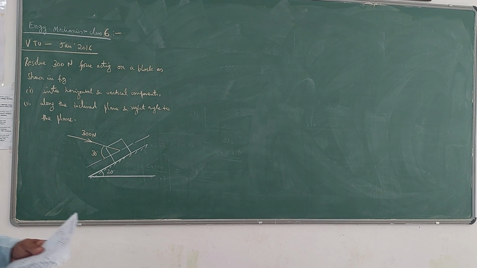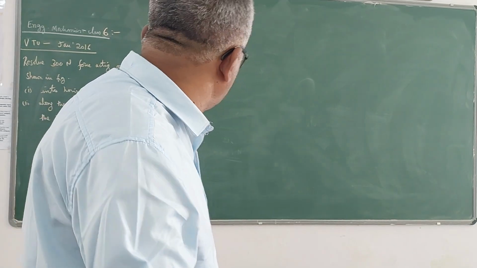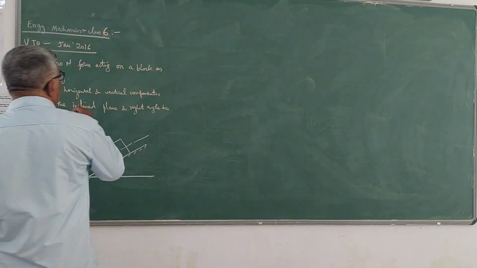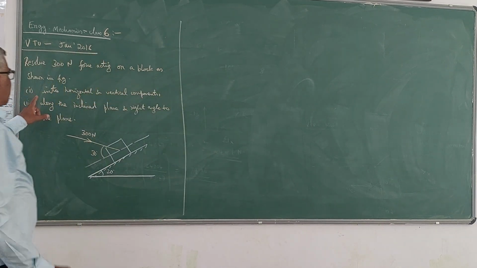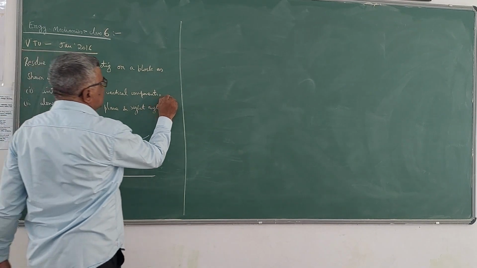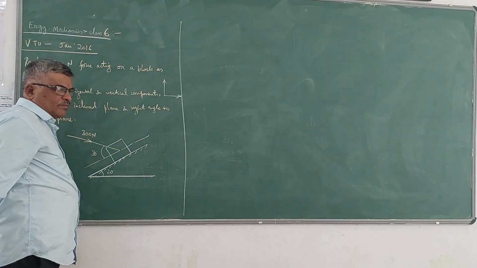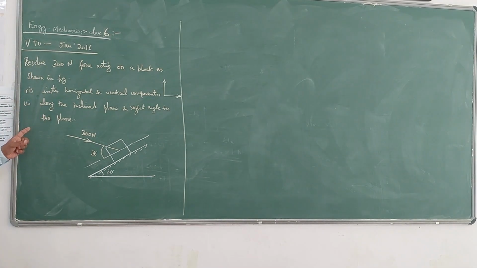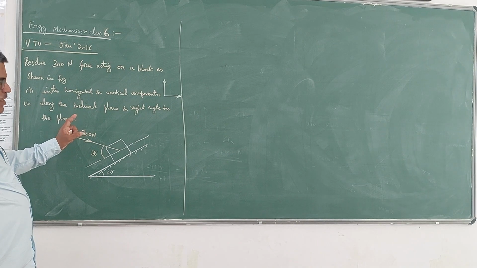He has asked you to find the components of this 300 Newton force along two sets of coordinate axes. So here the first set is along the global horizontal and vertical component. That means you have to resolve into these two directions. And the second set is we have to resolve the same force along two axes of reference.